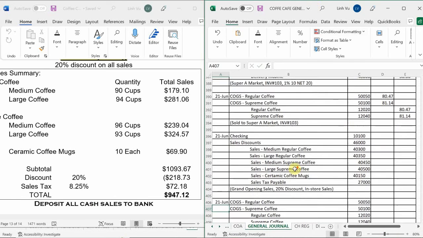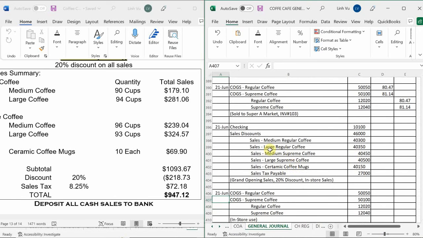So, how much cash did we collect? We finally went over $900, 947.12.